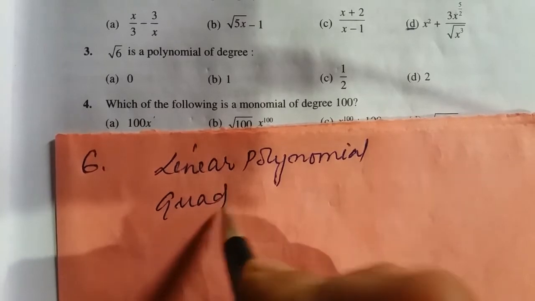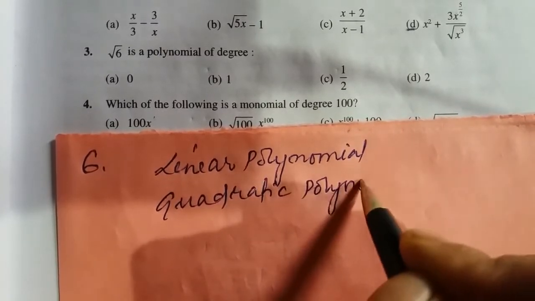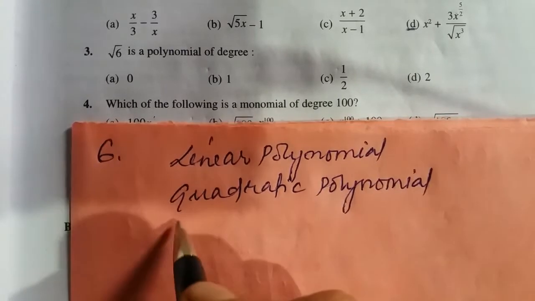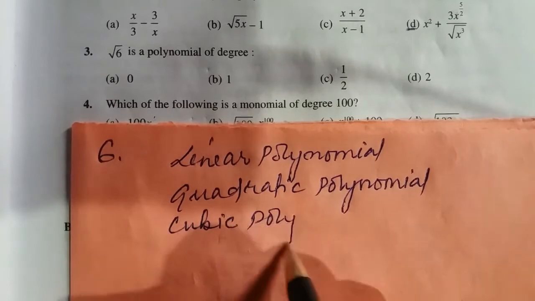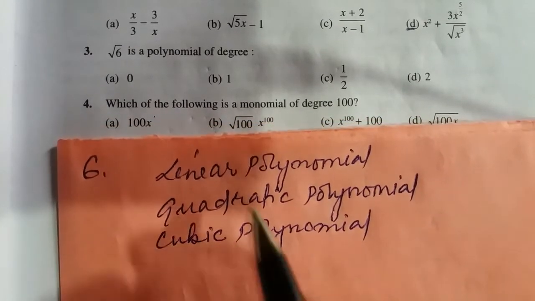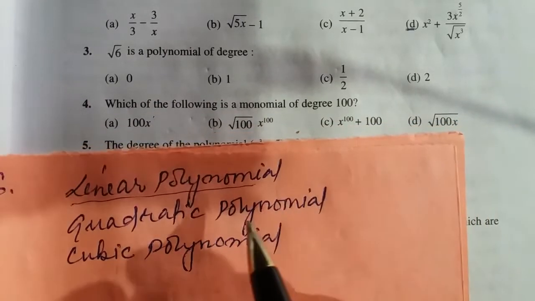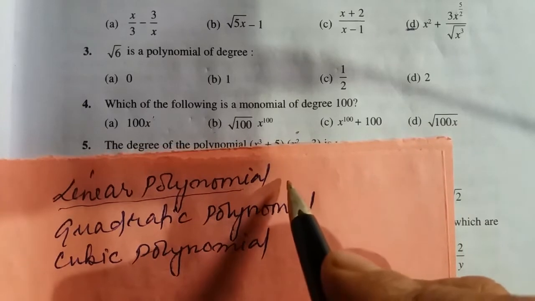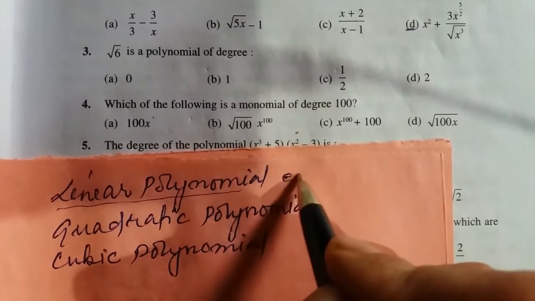A linear polynomial is a type of polynomial in which the degree is 1, that is, the highest power of the term is 1.